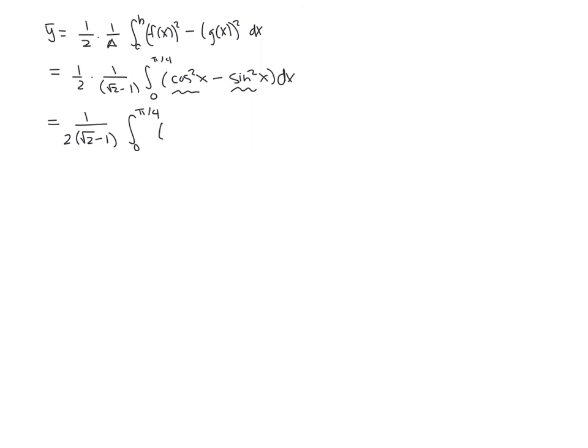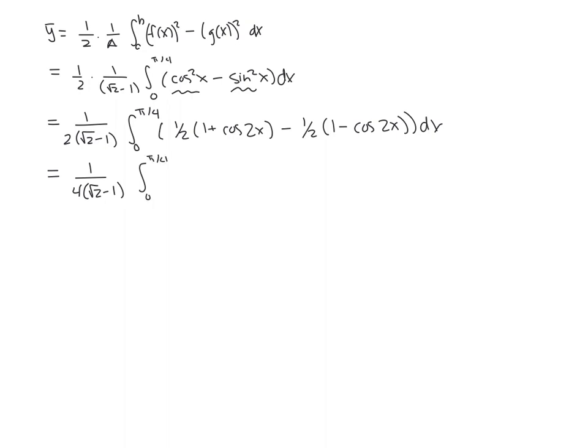Now recall from the half-angle stuff that cosine squared is 1/2 times 1 plus cosine of 2x. And sine squared is 1/2 times 1 minus cosine of 2x. Everybody has the greatest common factor of 1/2, so I'm going to factor that out, which makes this 1 over 4 times root 2 minus 1. And when that 1/2 is gone, notice how I'm going to have 1 minus 1, and those 1's cancel.